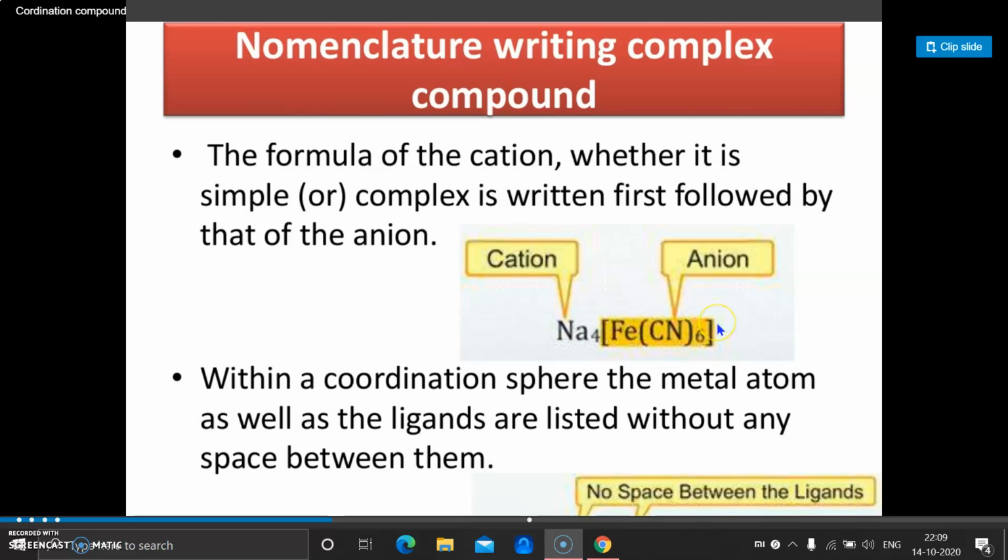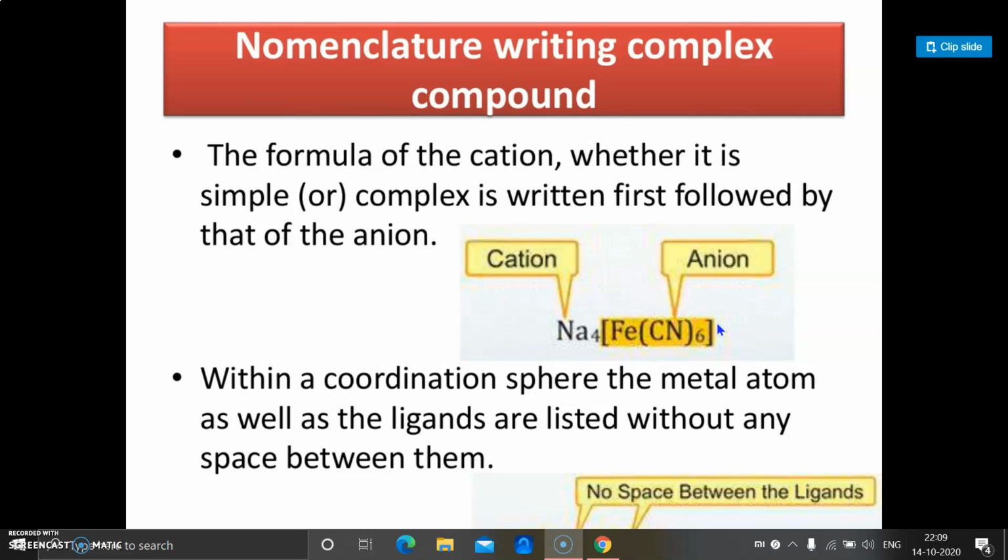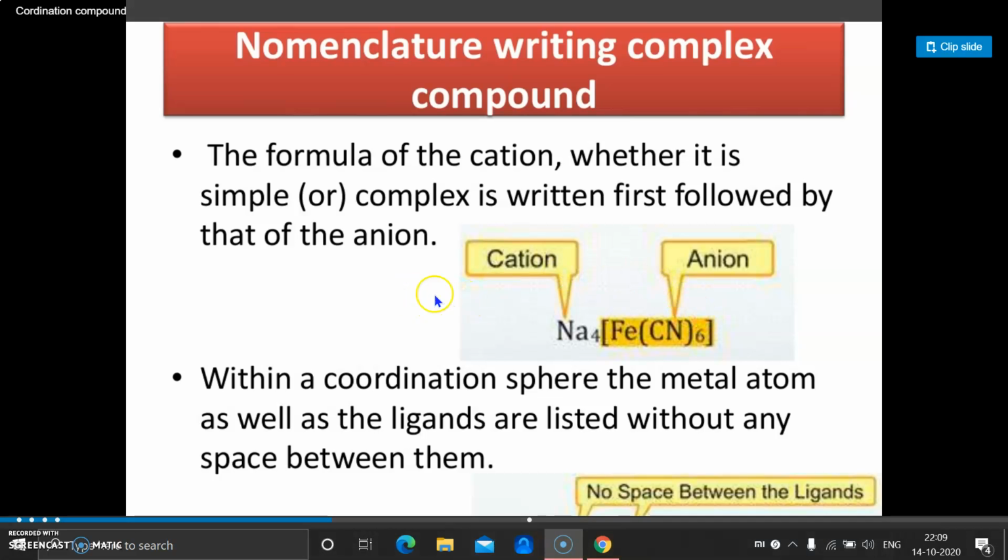For complicated organic ligands, their commonly accepted abbreviations are used. For example, for ethylenediamine, simply the abbreviation en is used. Like pyridine, the abbreviation py is always used.